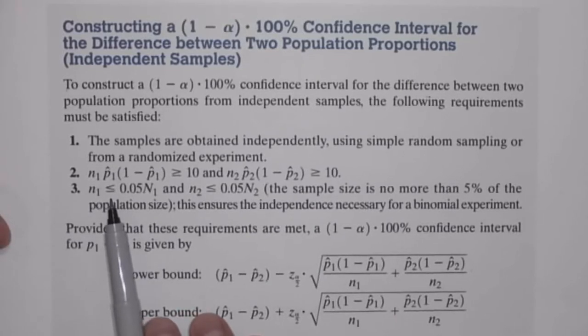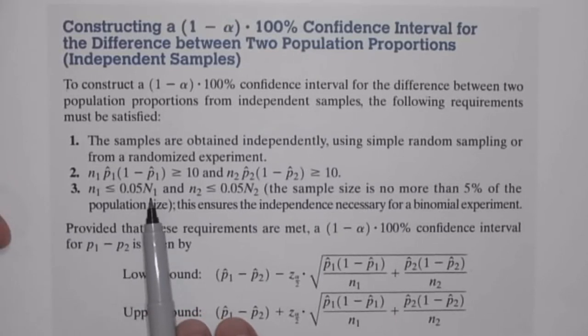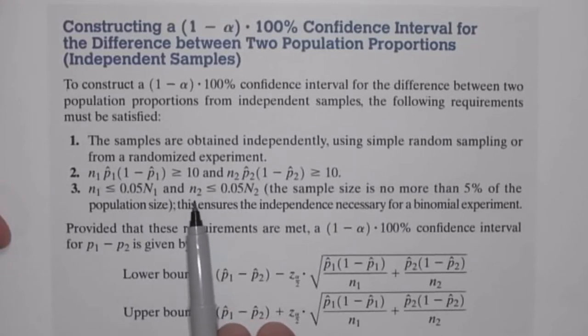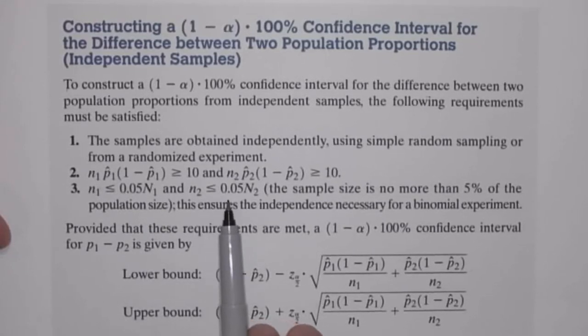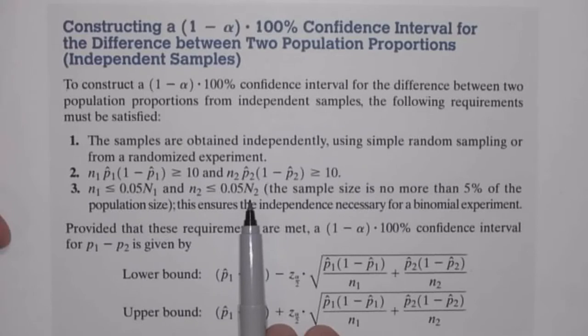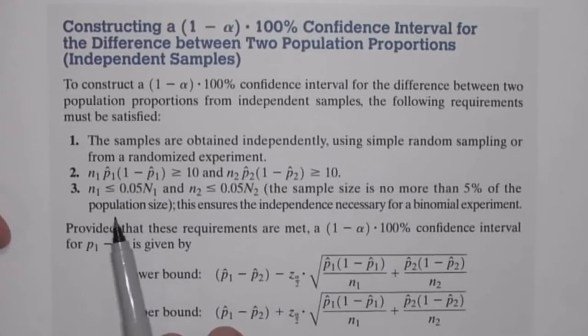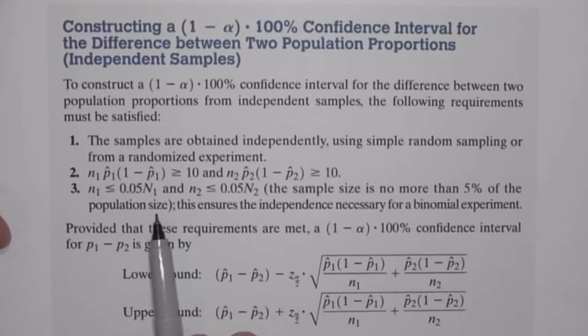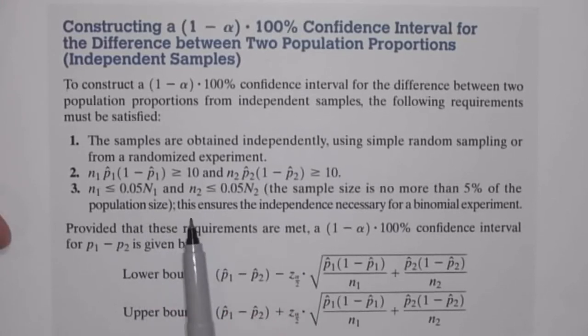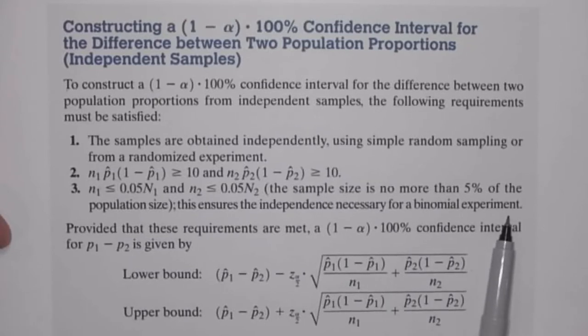N1 must be less than or equal to 0.05 times uppercase N1, and N2 must be less than or equal to 0.05 times uppercase N2. The sample size is no more than 5% of the population size, and that's for both samples. This ensures the independence necessary for a binomial experiment.